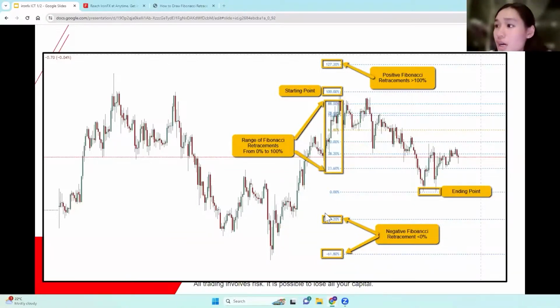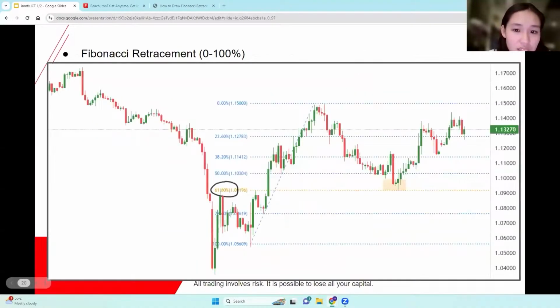For the ICT, we are focusing on 61.8 and 78.6, but it's basically the same thing. Here's another example. We are looking at the level at which price bounces off either your 61.8 level or your 78.6 level.